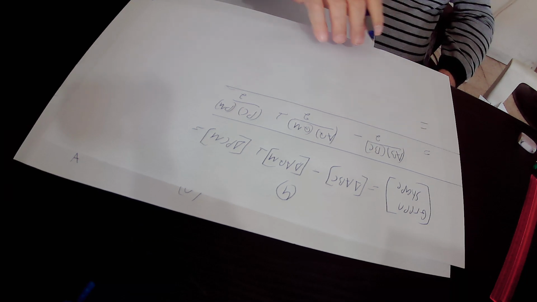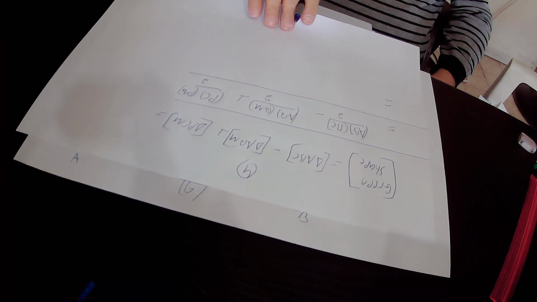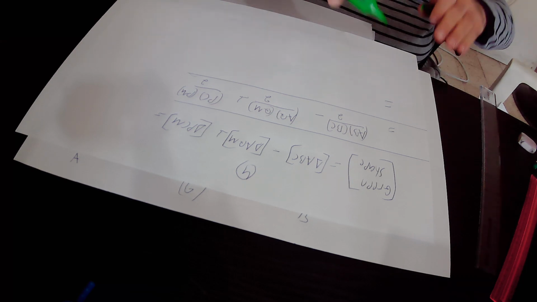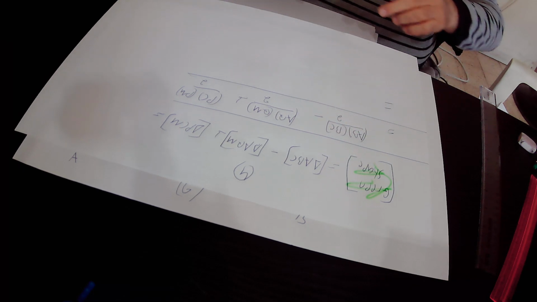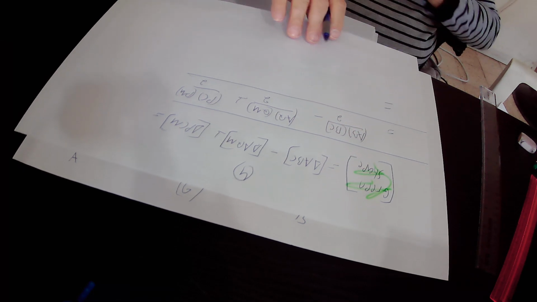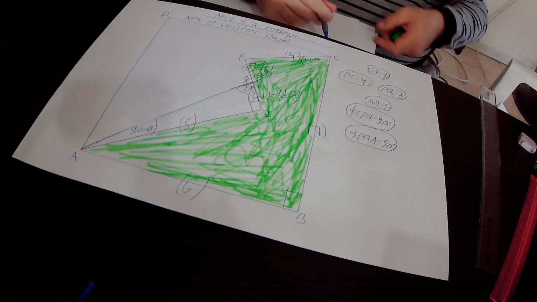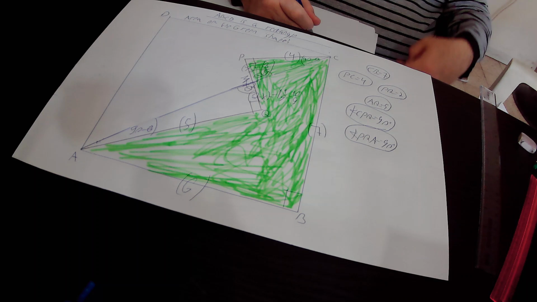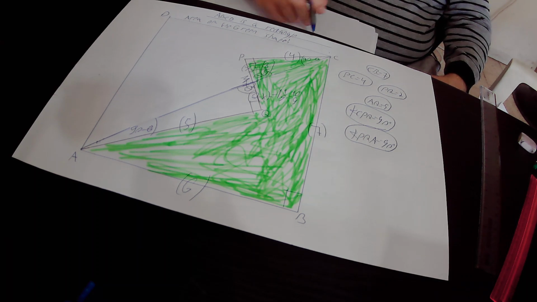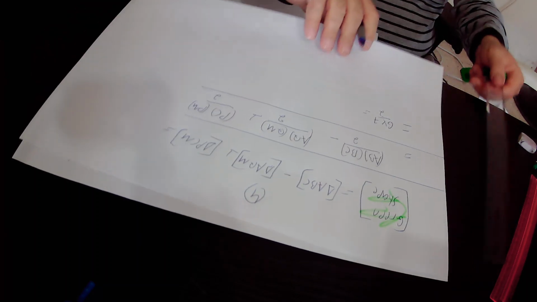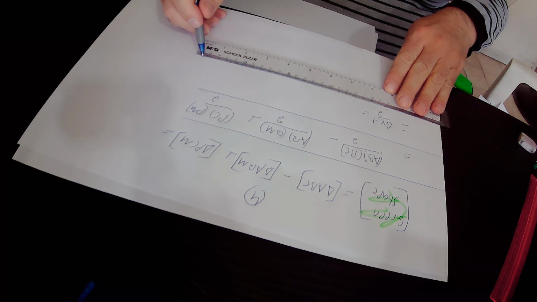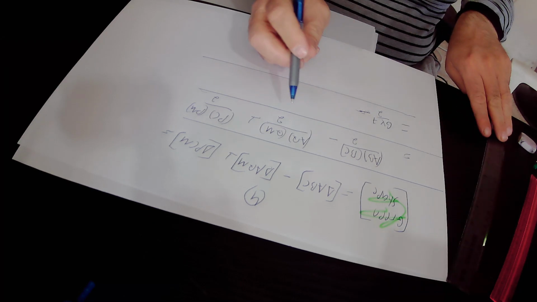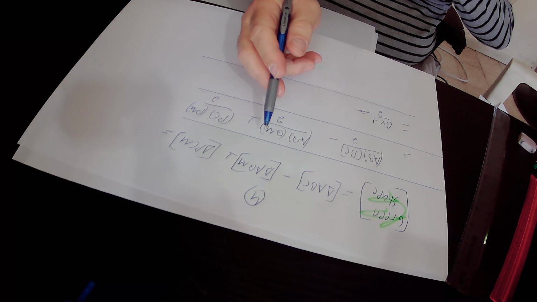So we actually found out that the area of the green shape in total equals the area of triangle ABC, which is AB, 6, times BC, 7, over 2. So in total, the area of the right triangle ABC equals 6 times 7 over 2, minus the area of the white triangle AQM.